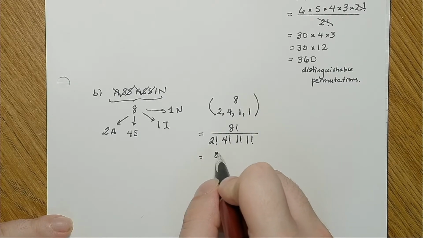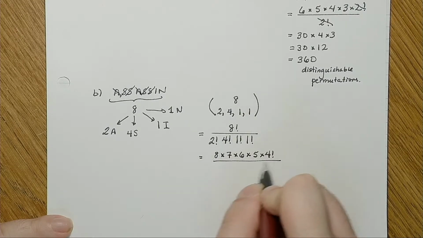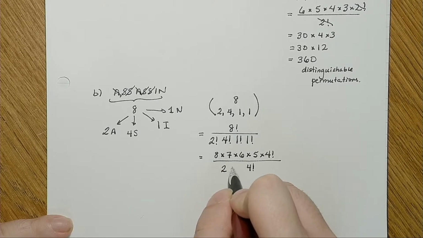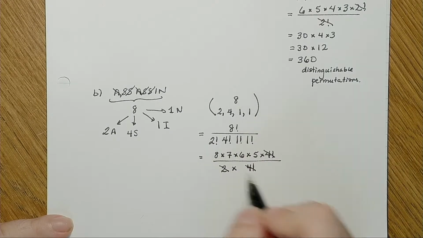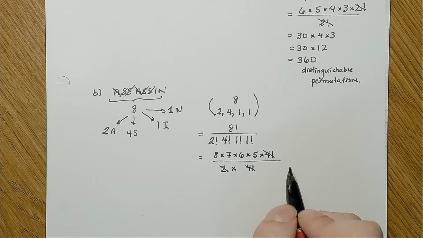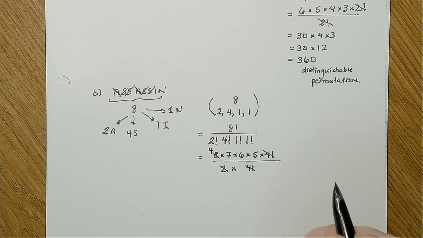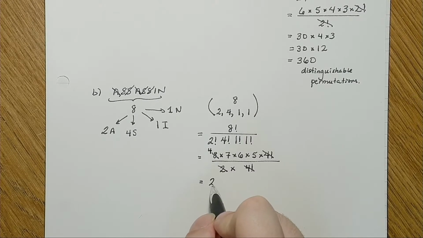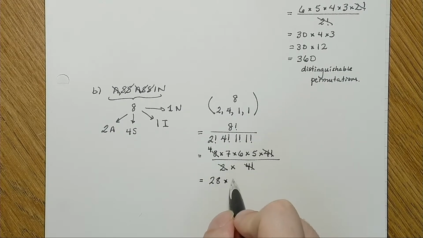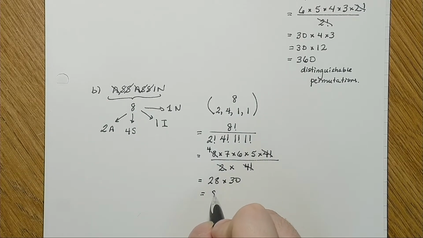Okay, so then you have 8 times 7 times 6 times 5 times 4. I still have the 2 in the denominator, 2 times 1, so let's get rid of that. So 4 times 7 is 28, times 6 times 5 is 30. Then 28 times 3 is 84.